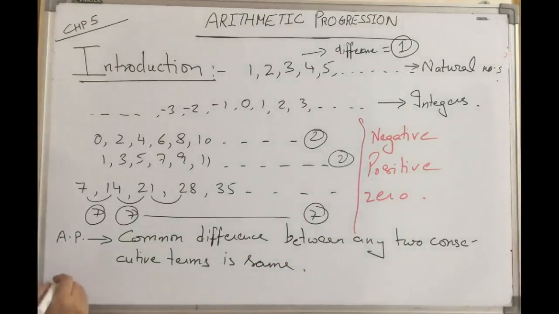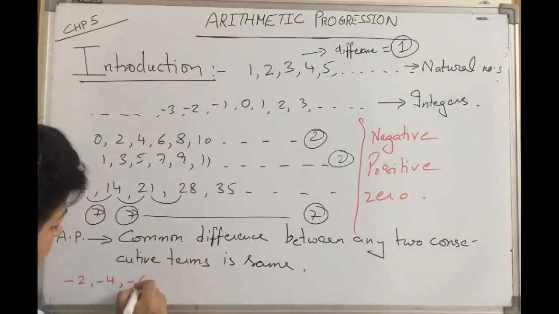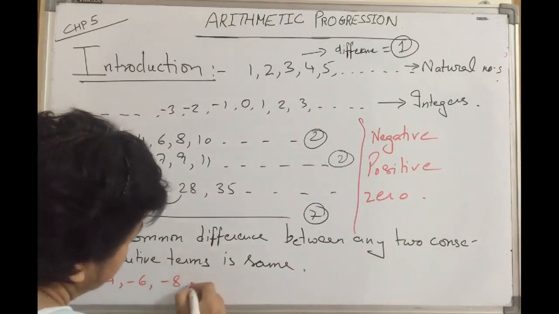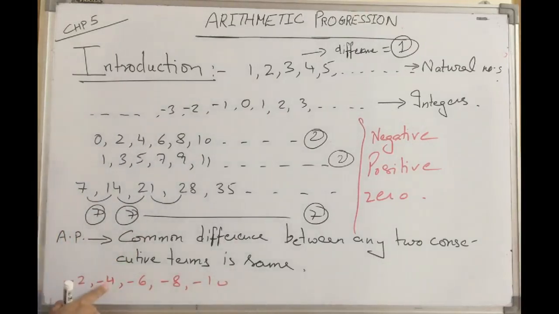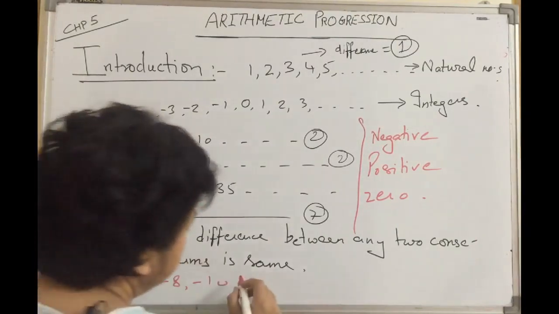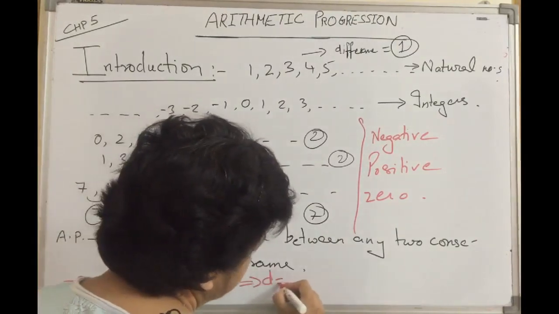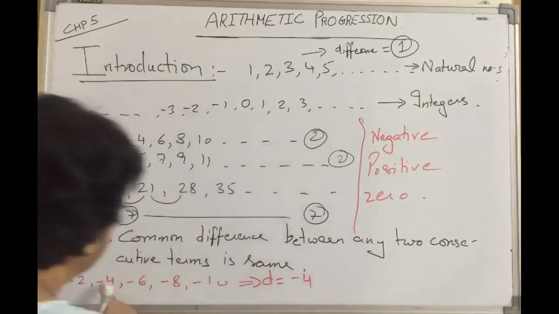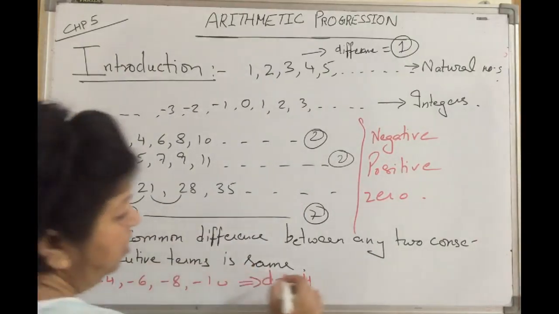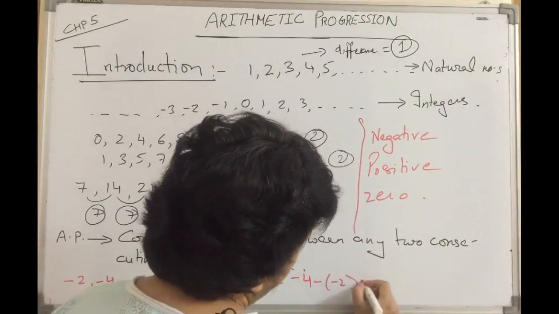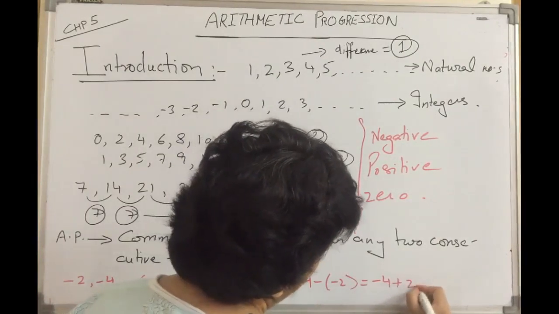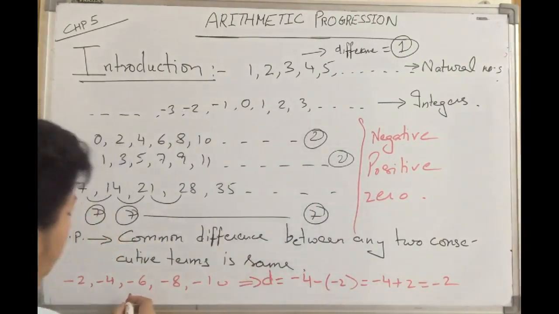For example, if I write a set of negative numbers, let's say minus 2, then minus 4, then minus 6, then minus 8 and minus 10. If I need to find the common difference here, minus 4, the second term, minus the first one, minus minus 2. So it will be minus 4 plus 2, the result is minus 2.